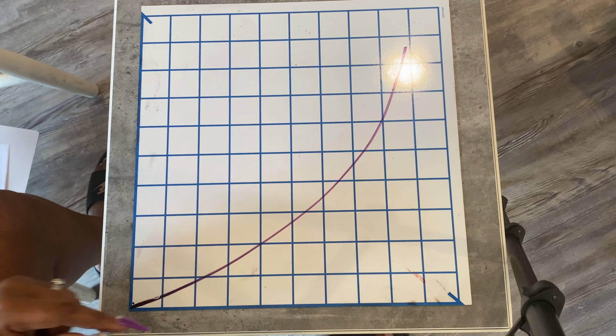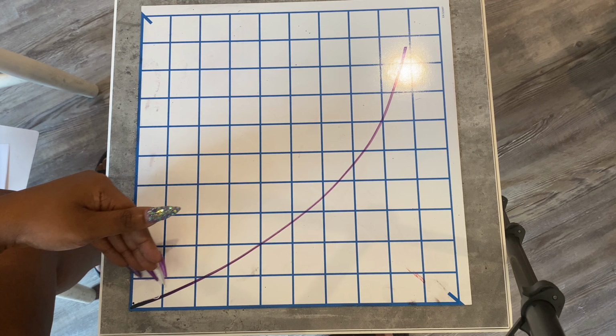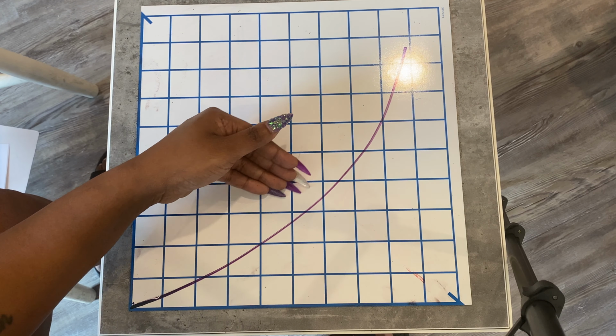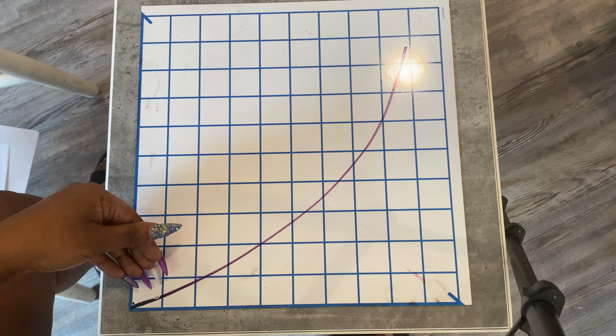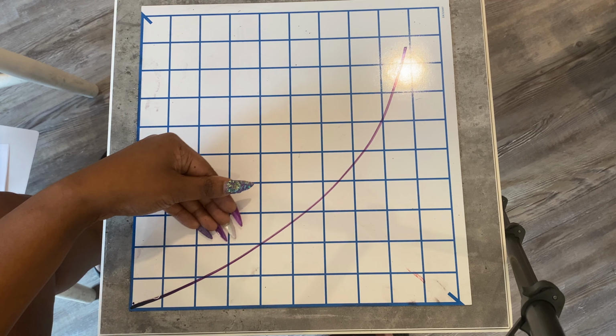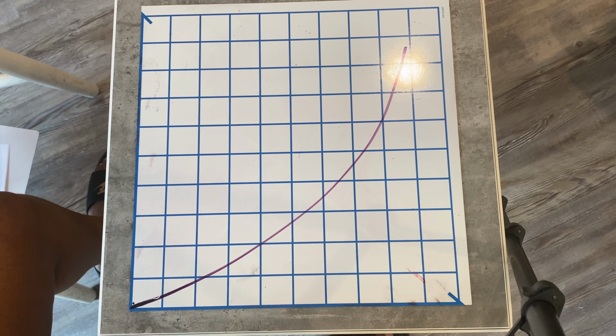It's an object that is moving away from its point of origin and is increasing its speed. So let's say you're in the car with your parents and you go from the regular road to the highway. We got to pick up our speed because the highway is a lot faster. Okay?